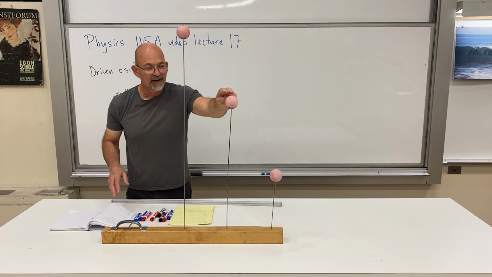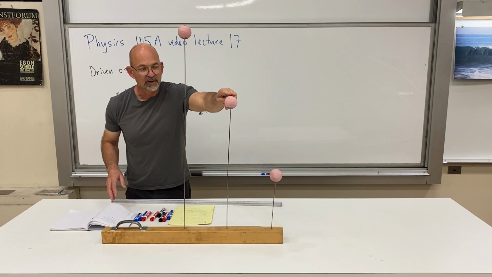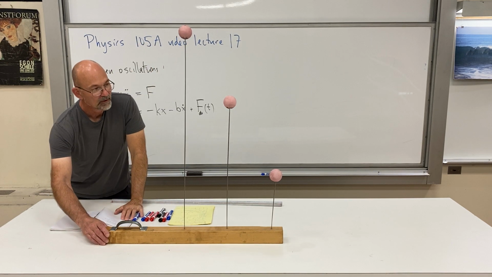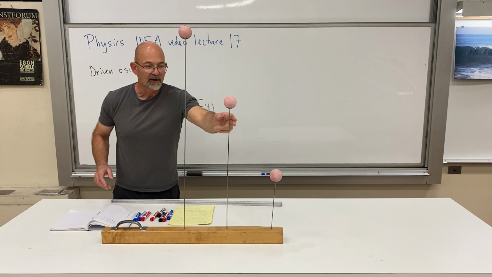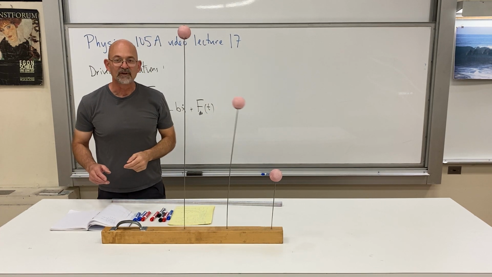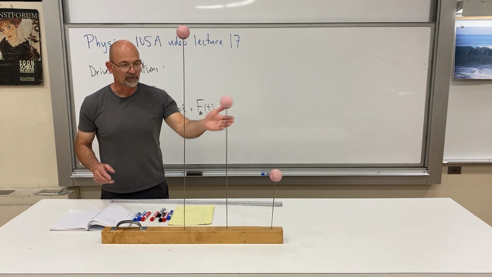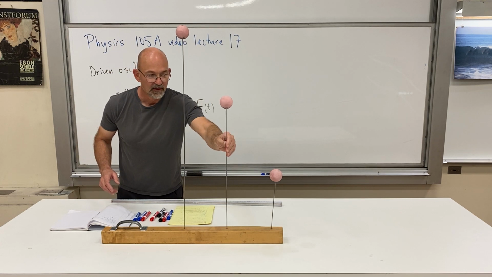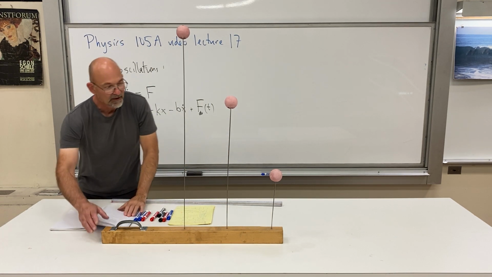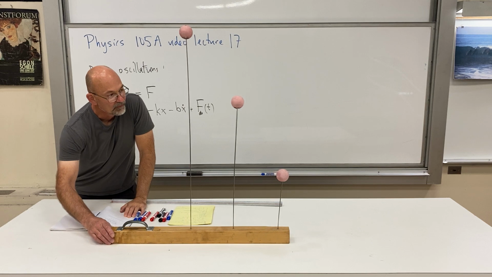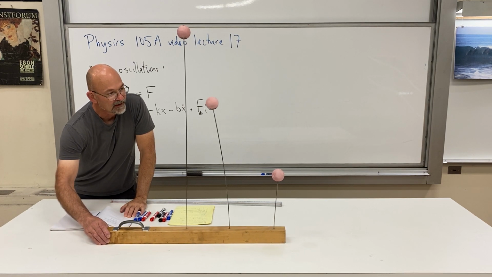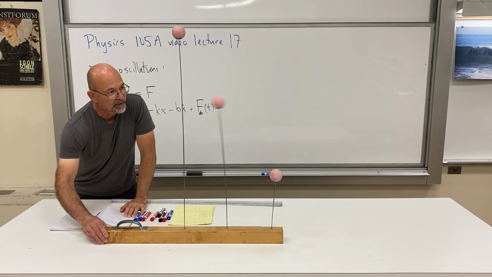I can do the same thing for the middle oscillator here, and again, just count out its oscillation frequency. We get a feel for what the period is there. And then if I drive it with that same frequency, I can get the middle one to respond, the other two not, okay?